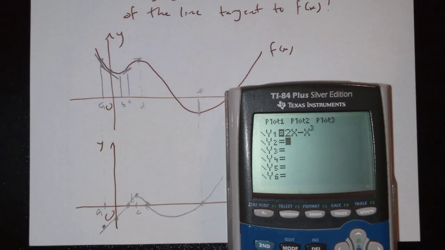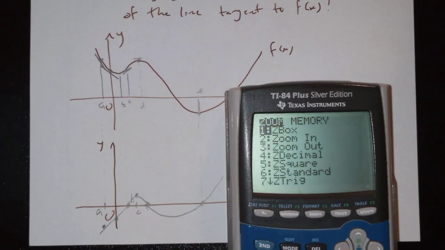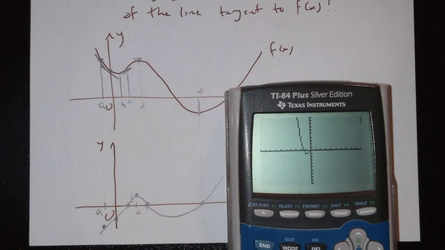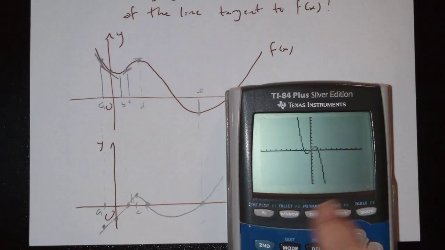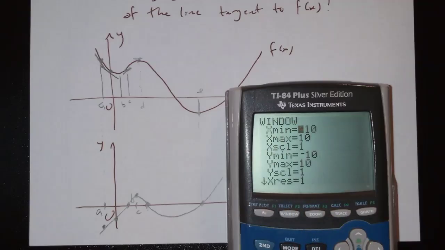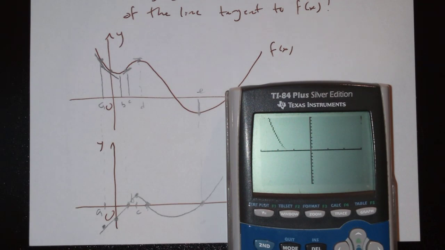I'm just going to graph this for the moment. Standard window, minus 10 to 10, minus 10 to 10. Well, there's not much going on out here to the left and out here to the right. So let me change this window a little so I can see more of what's going on in the x's.